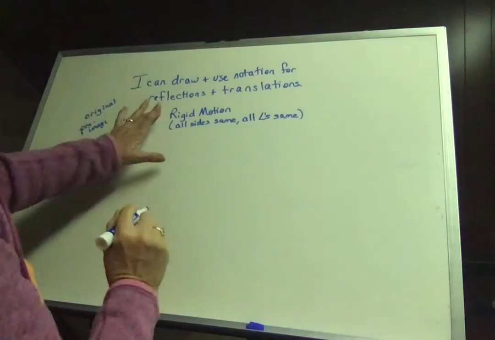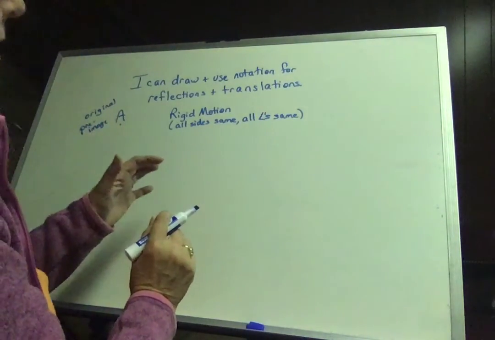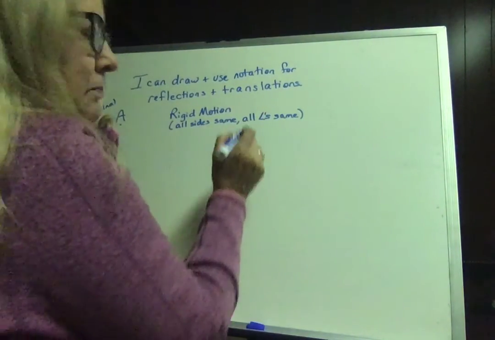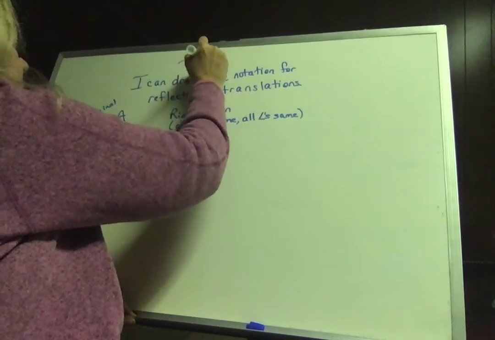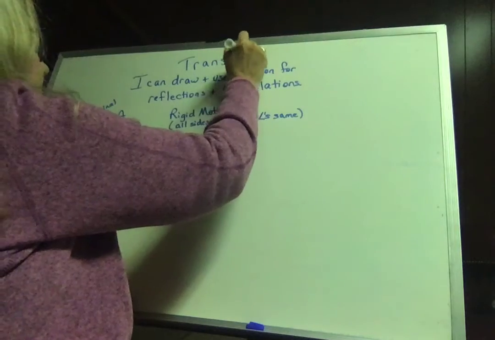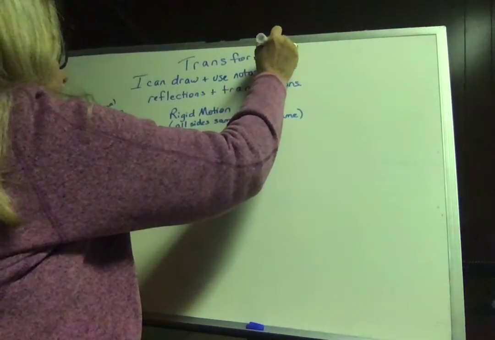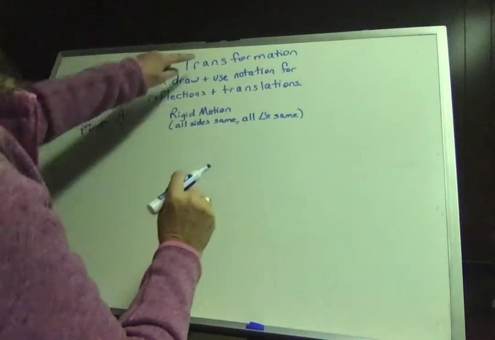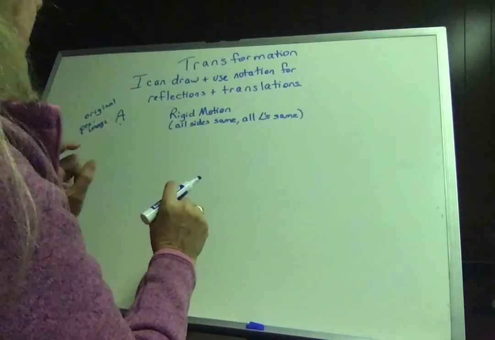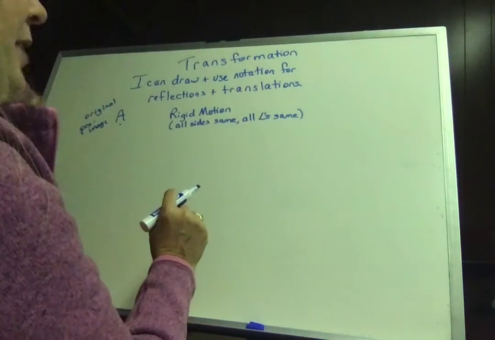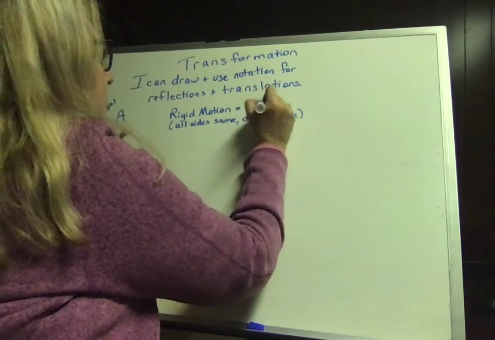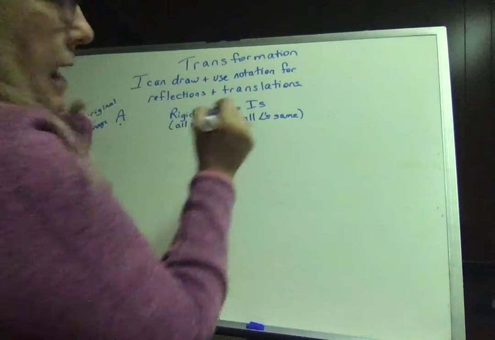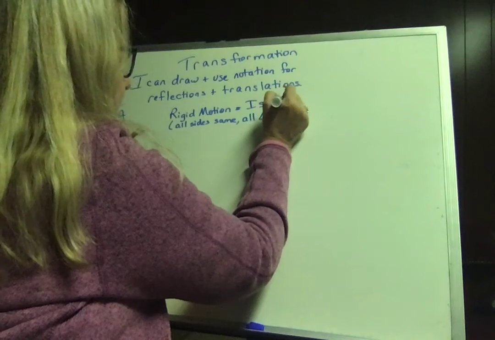So it rigidly keeps the same size. But the motion is the transformation. Specifically reflection as a transformation or translation as a transformation. A fancier word for rigid motion they sometimes will use is isometry or isometric.